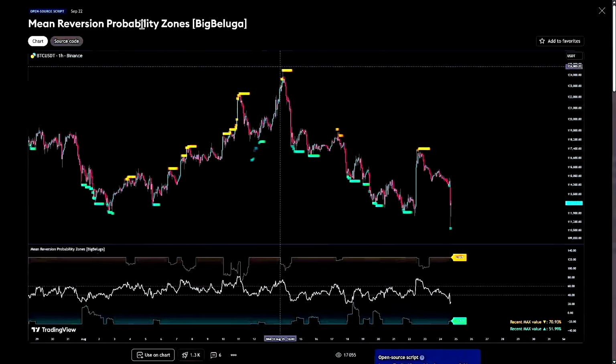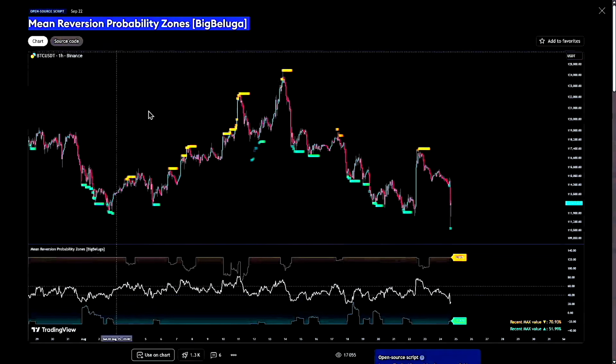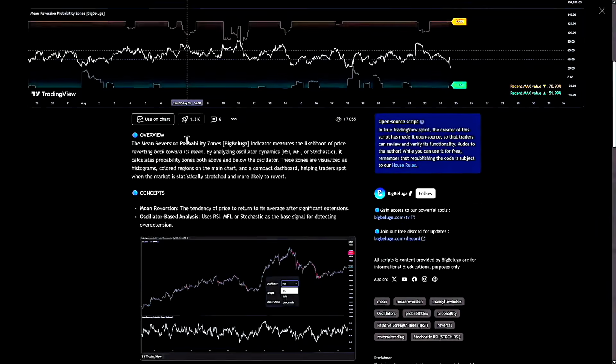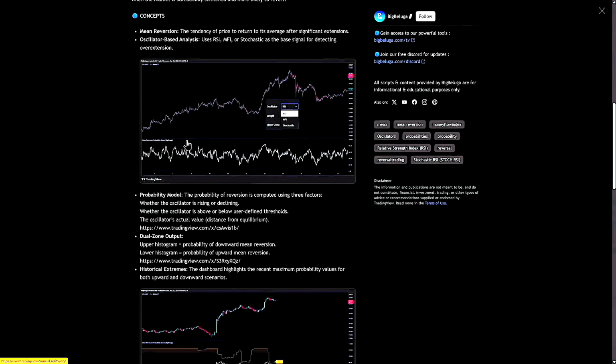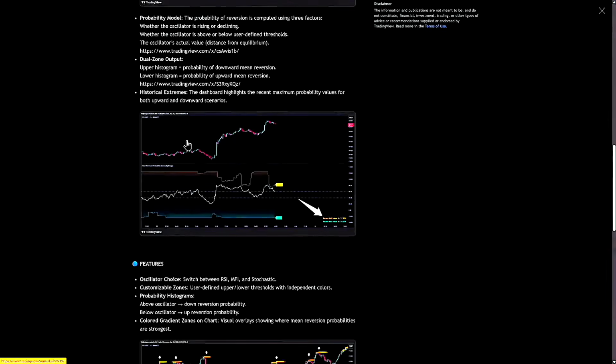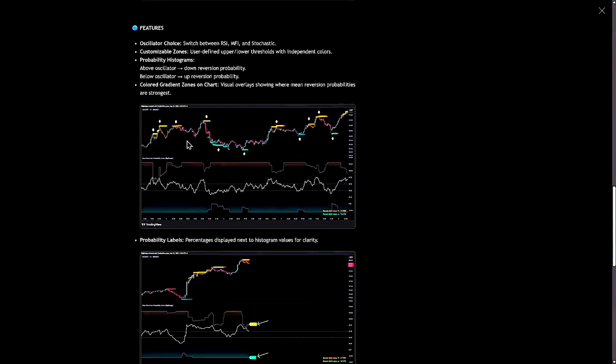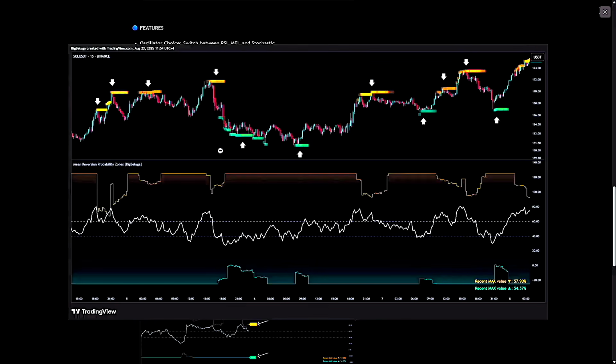If you like digging under the hood, remember this is an open source script on TradingView. You can see how it checks whether the oscillator is rising or falling, whether it's above or below your thresholds, and how far price is from equilibrium. It blends all of that into a probability model, then paints the outputs you see on the chart.